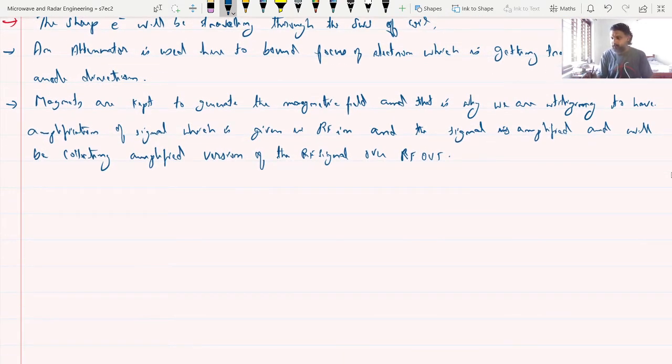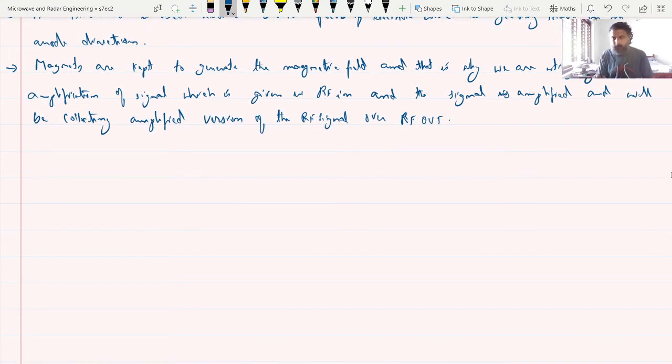We can see how the traveling wave tube functions. In order to understand how the traveling wave tube functions, I will consider 3 electrons, and based upon that I will explain to you.